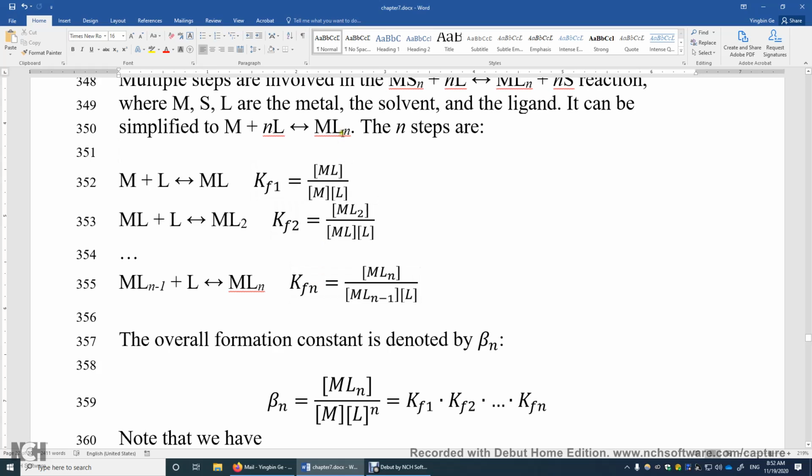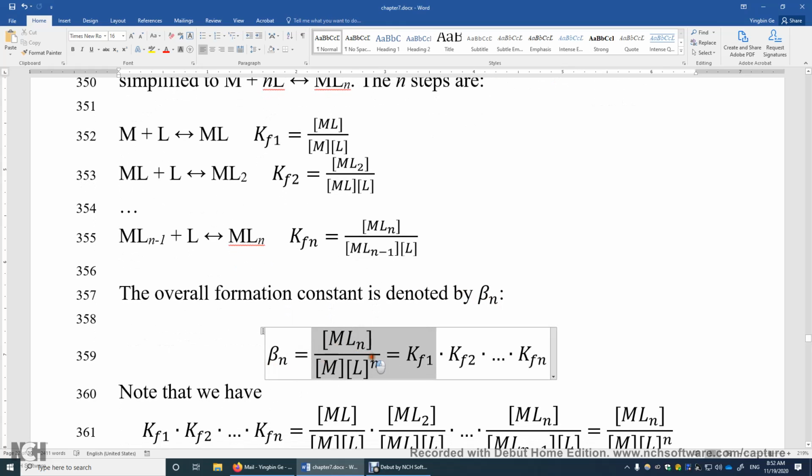And then we can write out the equations for these N formation constants. Overall, there's a formation constant, beta sub N. Beta sub N is written in this form. So this is the final product. Over here, this M is bonded to N aqua ligands.